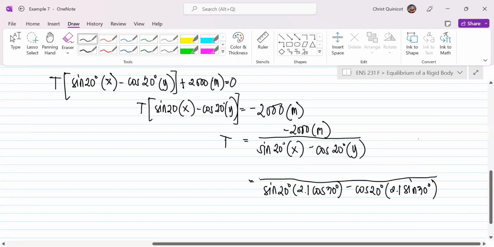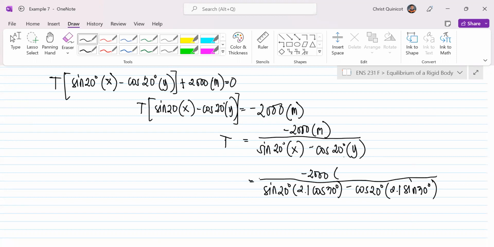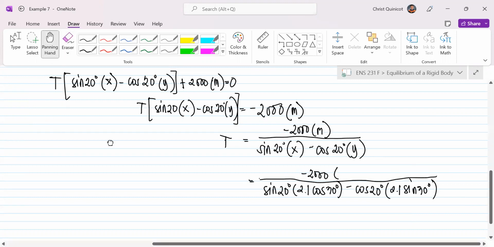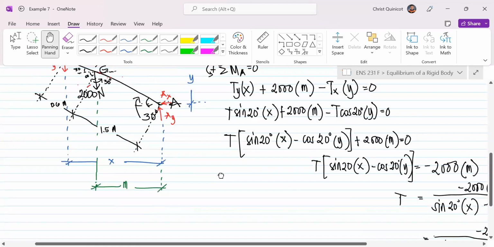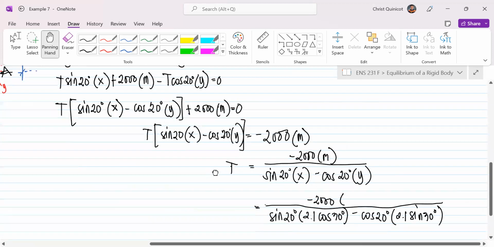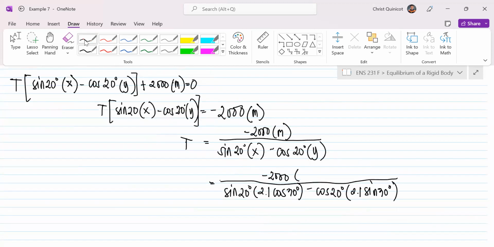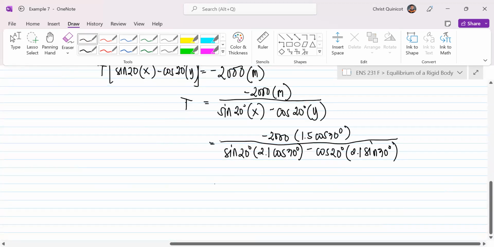Our numerator is negative 2000 times our M, this time using 1.5 cosine 30 degrees.